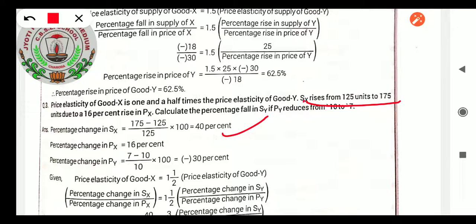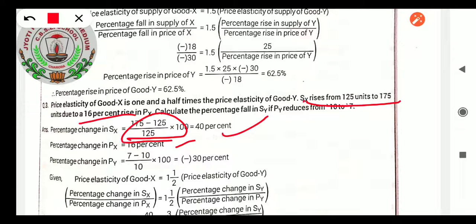Percentage change in supply of X is 40%. This is the formula: current value minus initial value divided by initial value into 100. That is how we calculate the change in supply. Percentage change in price of X, how much is given? 16% is already given in the statement, so we don't have to calculate.